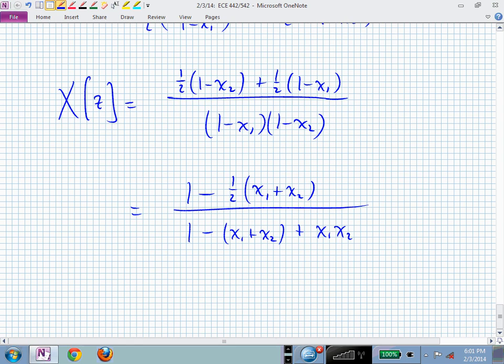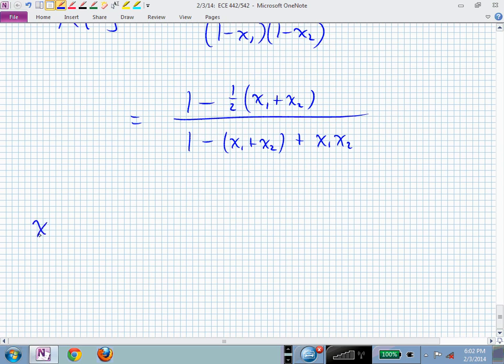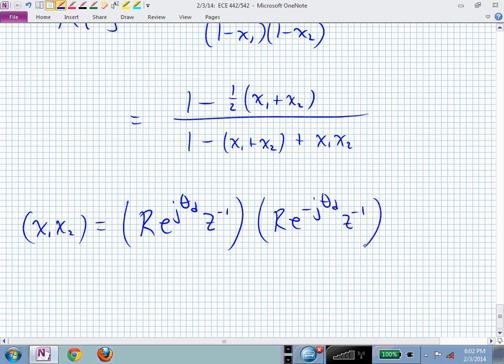And you probably won't see that in a Z-transform table, because they won't have changed these notations and created an x1 and an x2. So let's go back and remind ourselves of what we had. We're going to have to find that product. x1 was r e to the j theta sub d z to the minus 1. What does the product give us?